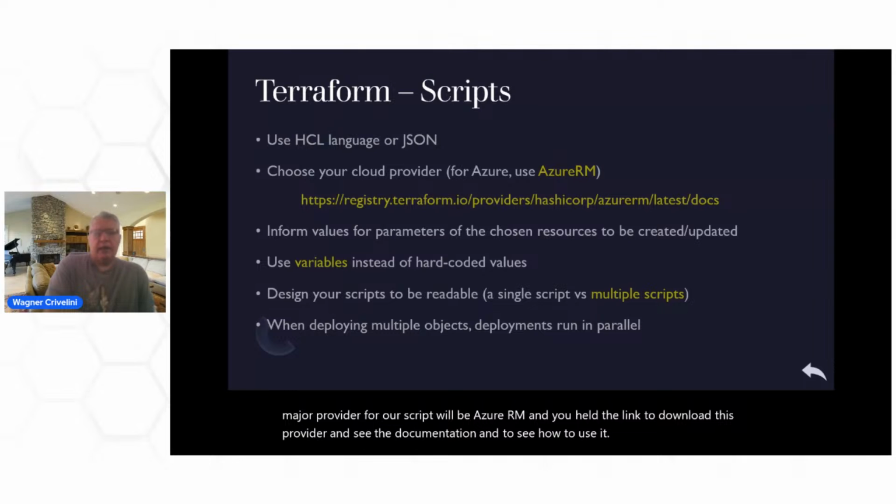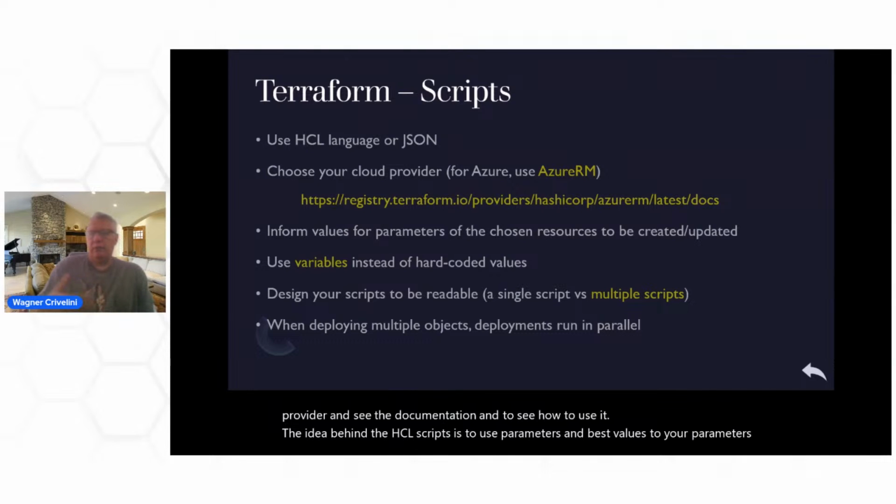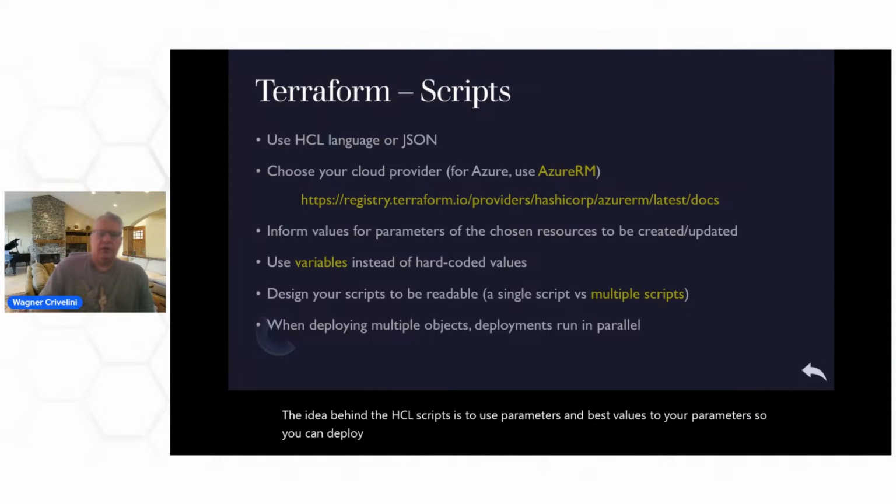The idea behind the HCL scripts is to use parameters and pass values to your parameters so you can deploy your resources with the characteristics you like, the name, the SKU, whatever. You can do whatever you like with this, and I will show you some examples for that, okay?